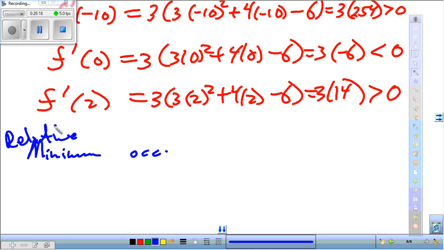So these would be local or relative. A relative minimum occurs at x equal to minus 2 plus the square root of 22 over 3.